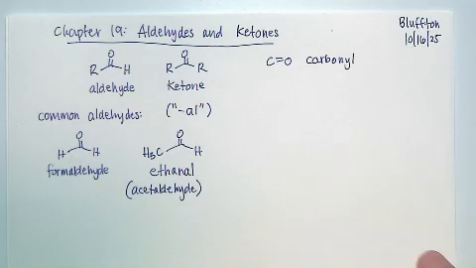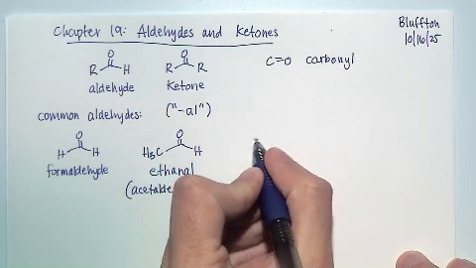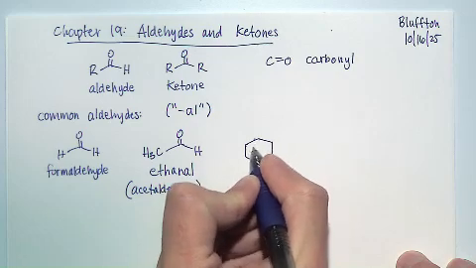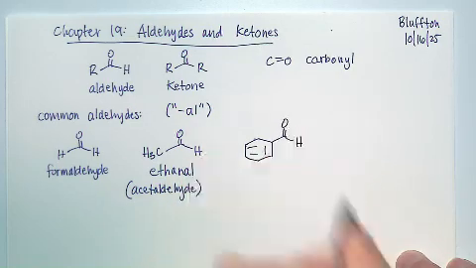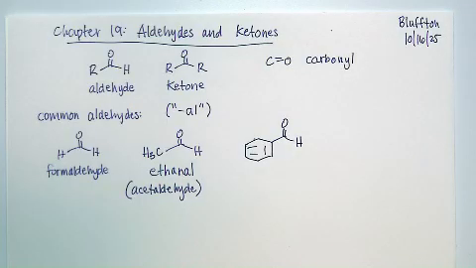Okay, and then another example is this one. This is really similar to a molecule that we did in lab. What's the name of that one? It has a benzene ring on it, so it's benzaldehyde.